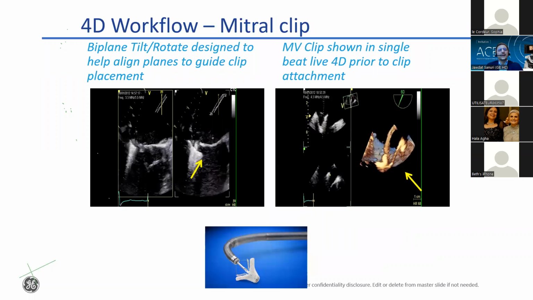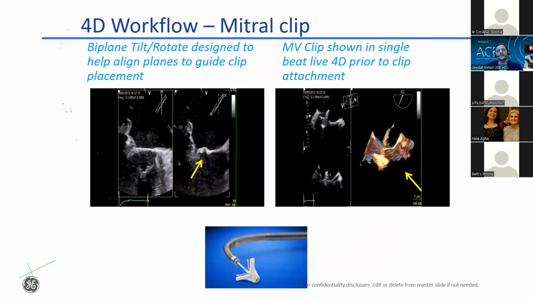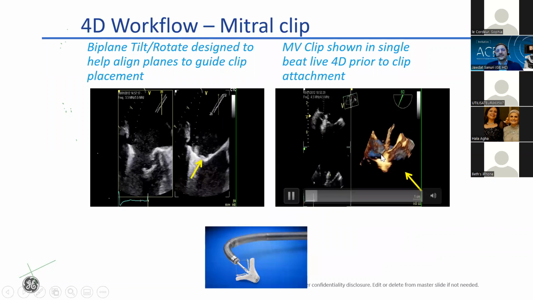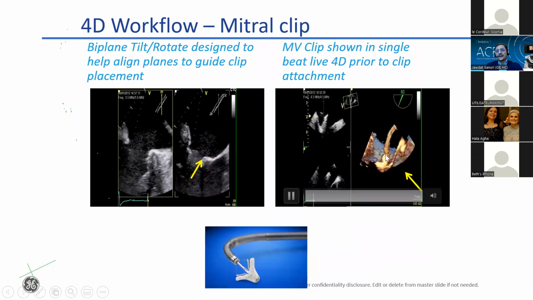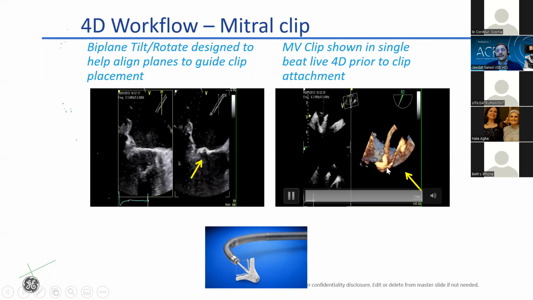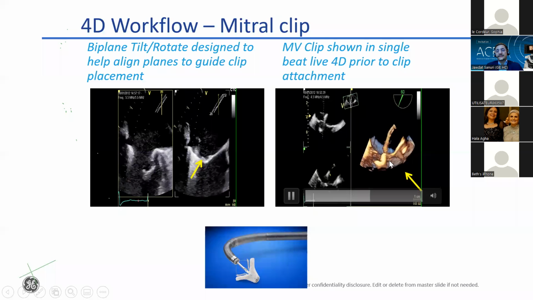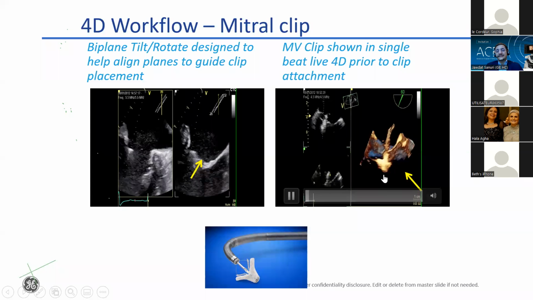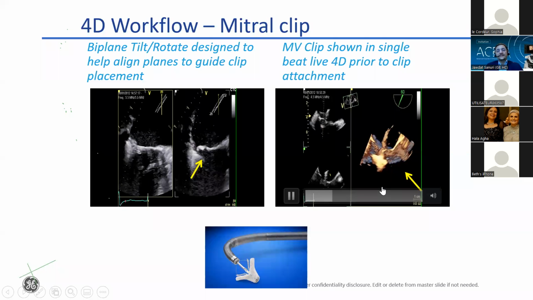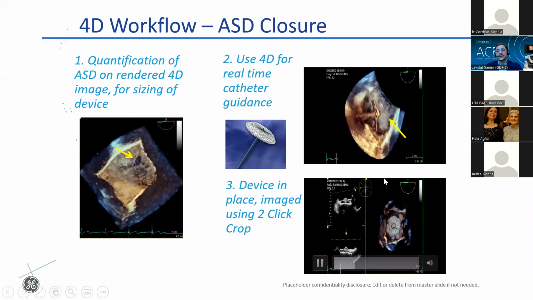As in this example, here you see the mitral clip advanced through the mitral valve, and you can see from this motion of this mitral valve that the clip has not clasped the tips of the leaflets yet during this procedure, and you can monitor as we are doing it.